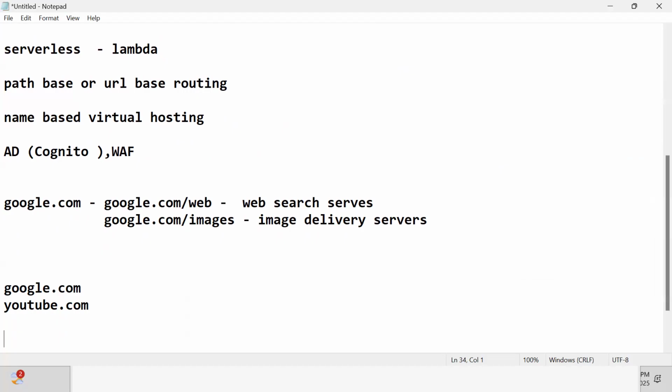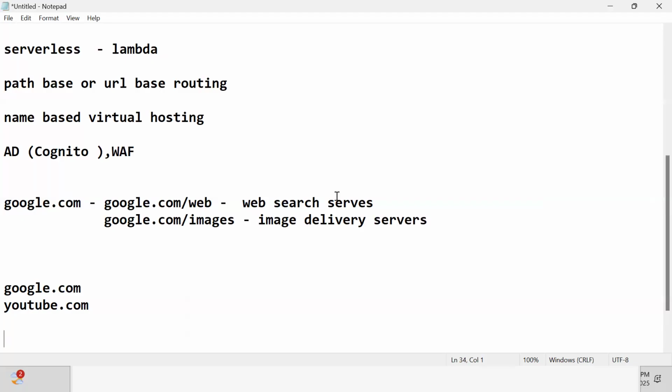And we have web application firewall. It protects the application from hackers trying SQL injections or XML attacks, and from bots. A lot of bots are trying to access my website.